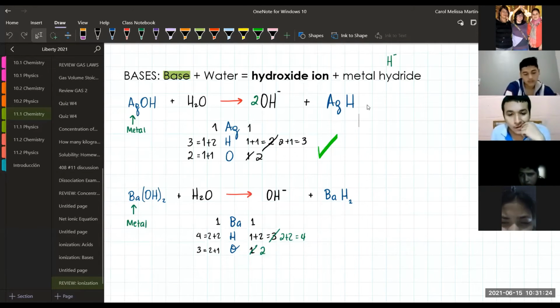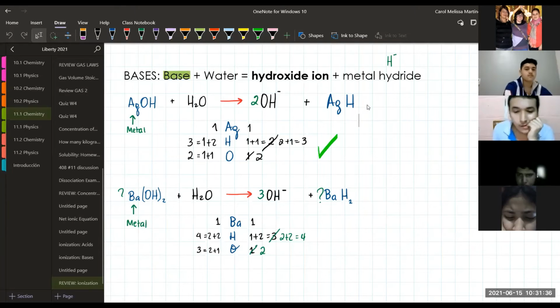Now, why I don't change the other coefficient? If I change the other coefficient, I must change the coefficient in front of barium in the other side, so it makes it a lot more difficult. So that's why I work only with this ion first, okay?